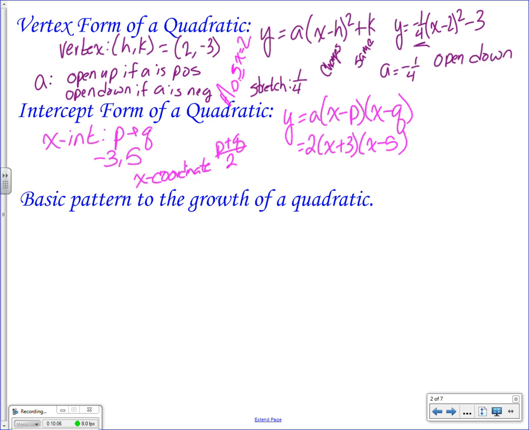It's the average of the two, because the axis of symmetry is directly in between the 2 points. So it's -3 plus 5, which is 2, divided by 2, 1. So my axis of symmetry, the x-coordinate, is 1.